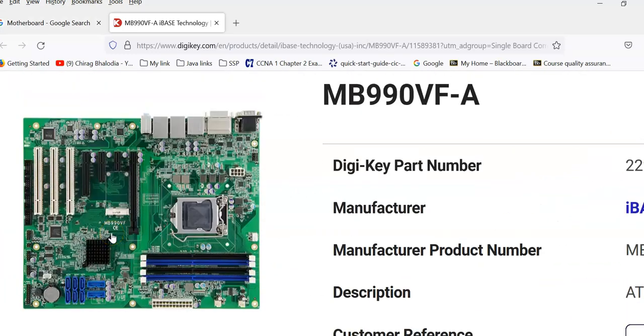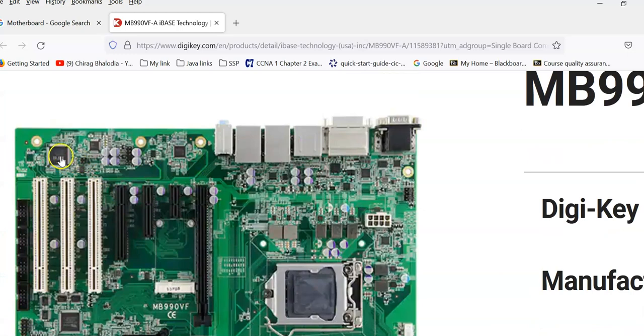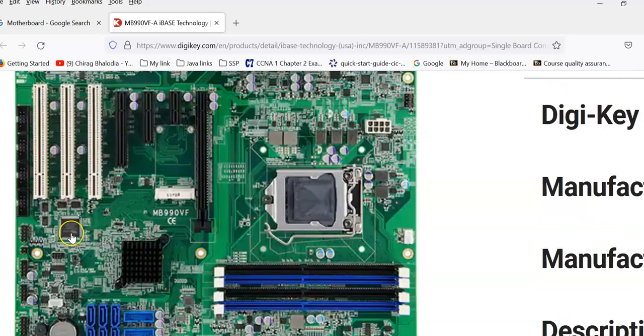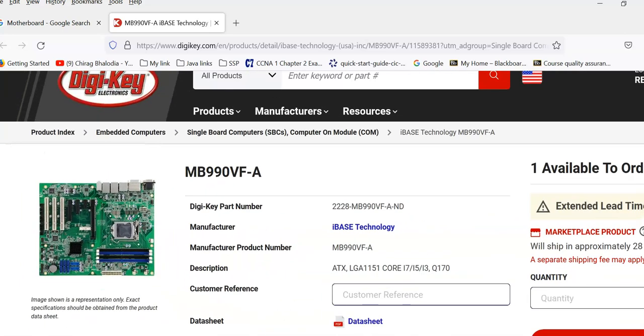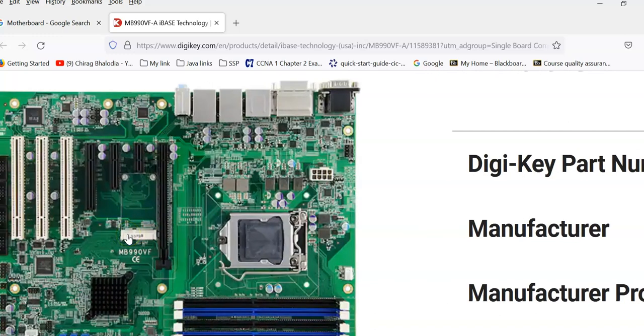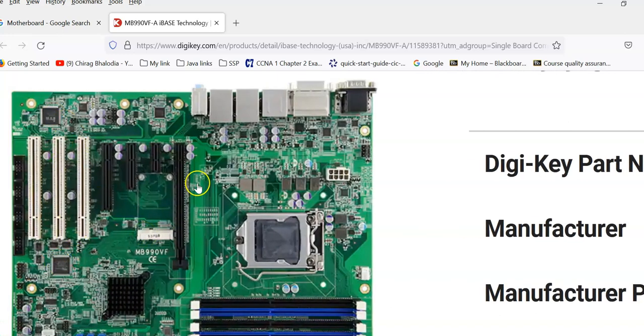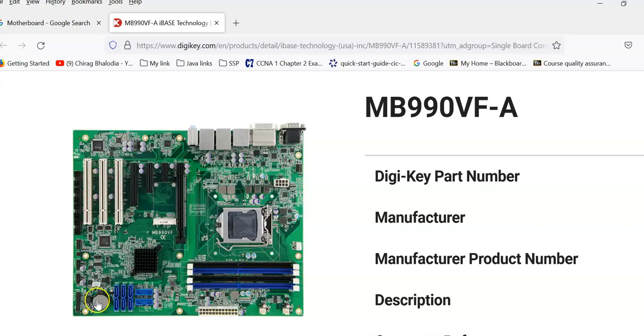Here is where the CPU should be placed. This other part of hardware we call CMOS, the name that we explained. There is another small thing here, but we don't care about it. This is the big one, the CPU, the processor. The second one is this one. And this is the battery, by the way.